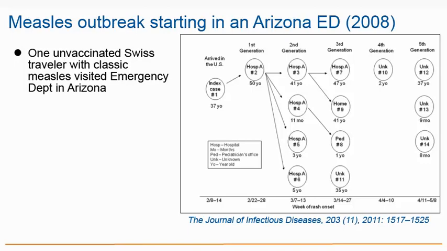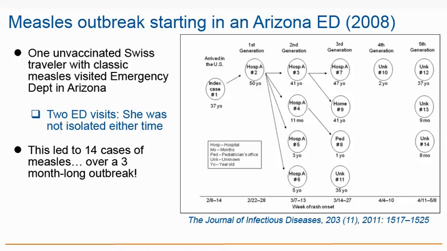Even though she had traveled internationally and had the classic signs and symptoms of measles, fever, conjunctivitis, and rash, nobody realized she had measles. In fact, she visited the same emergency department twice and was not isolated either time.